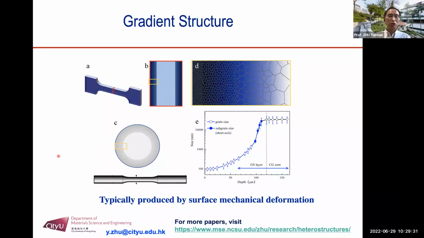Another type of sample is a rod shape, like this rod sample. The surface is nanostructured. If you go across the cross section from the surface to the middle, you also see a similar thing. And we look at the grain size, typically from about 100 nanometers or even smaller to many micrometers. Okay, this is the gradient structure. This is one type of heterostructure.